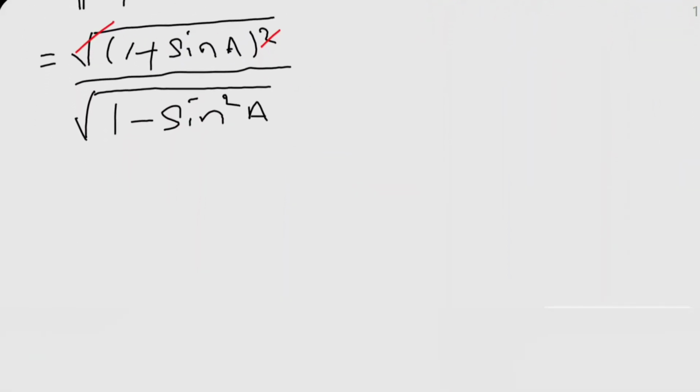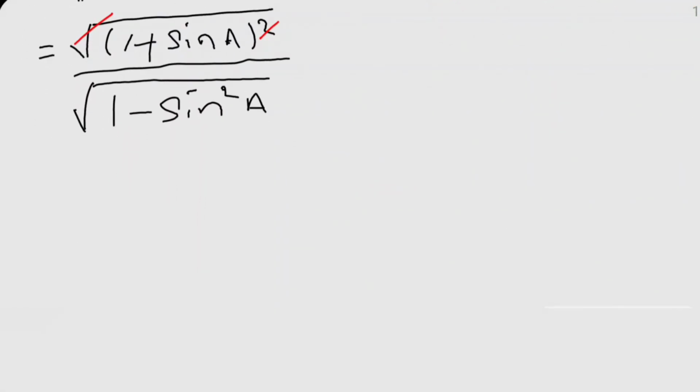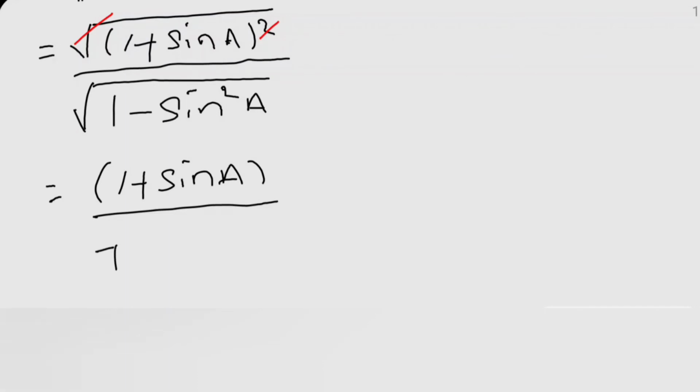So next step, now we got 1 plus sin A and this divided by under root 1 minus sin square A. We can write cos square A.